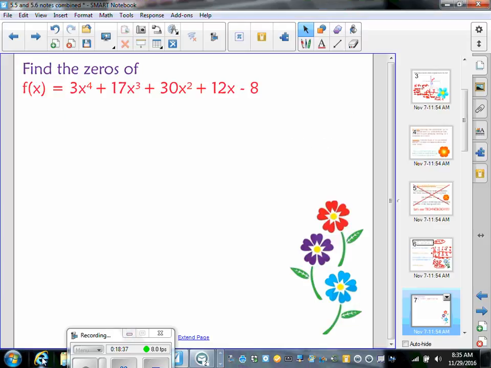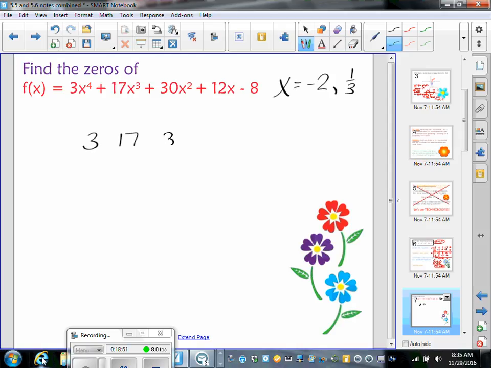All right, so let's go back here. We know that x equals -2, and we found out it was 1/3. So let's go ahead and set up our synthetic: 3, 17, 30, 12, -8. Got some big numbers in there. Do the 1/3?